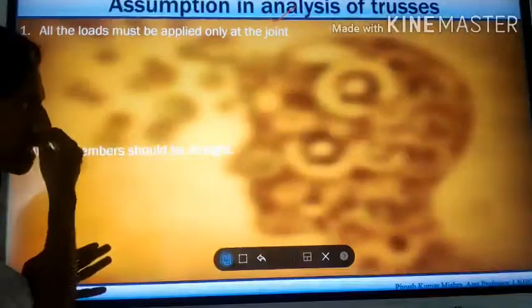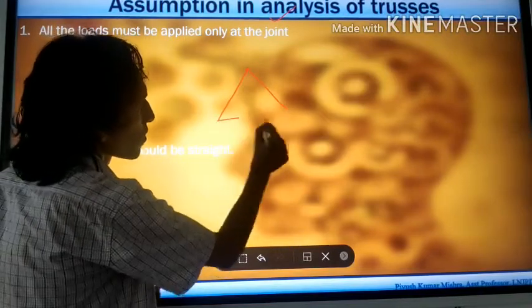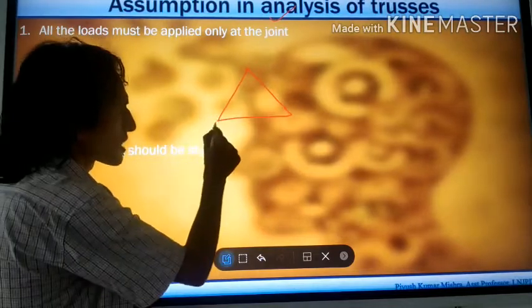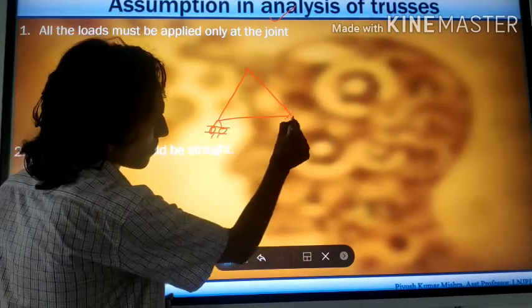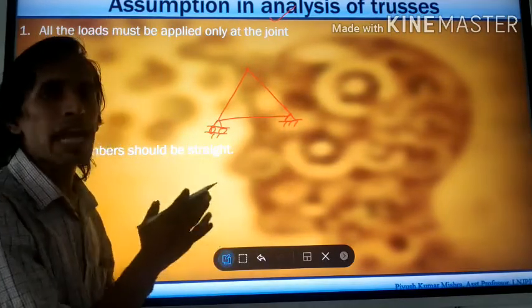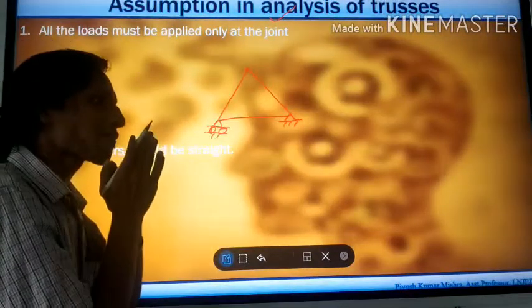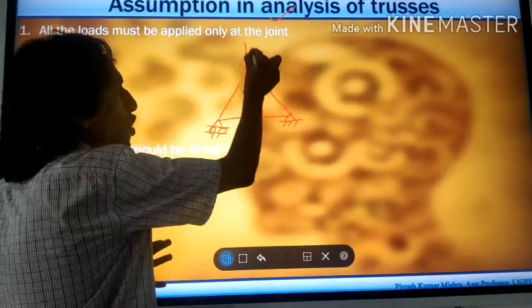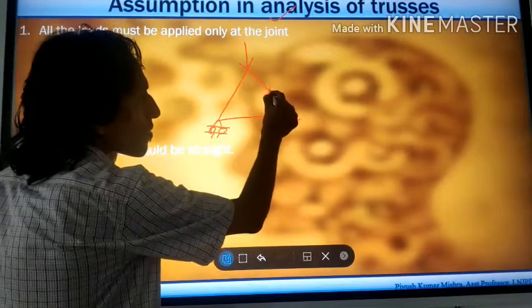What does this mean? Let us say this is some truss. When you are going to apply load on this truss, you are forced to apply load only at joints.